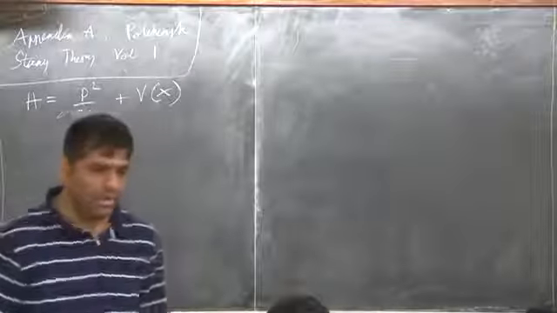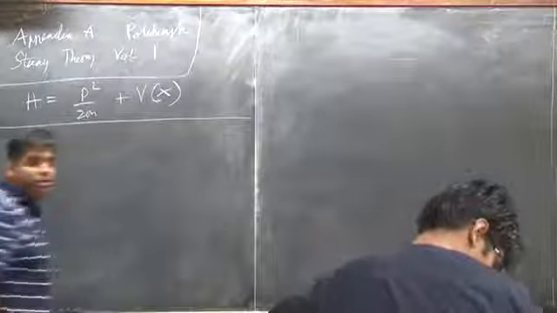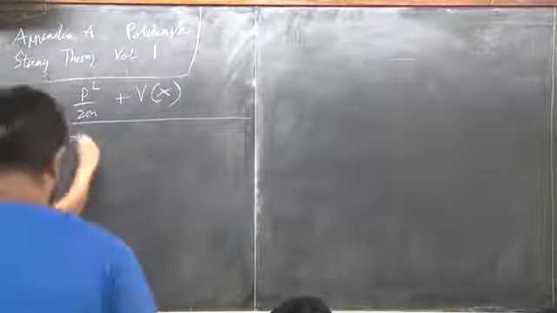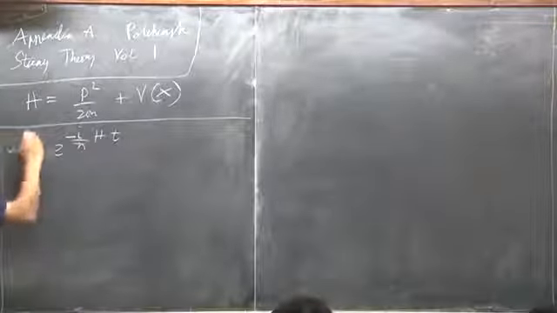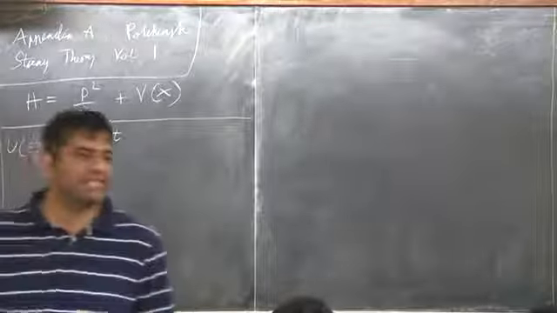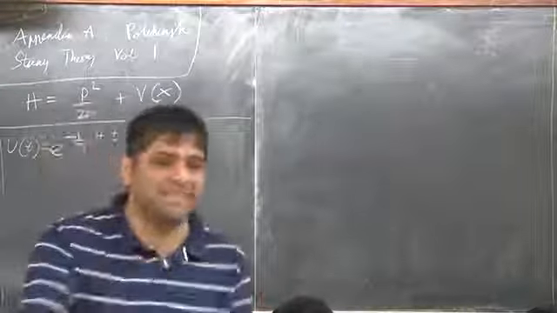Now, as all of you know, the evolution operator in quantum mechanics is e to the power minus iHt. This is something called U of t. And it's the operator that takes a state at time t1 to a state at time t1 plus t.